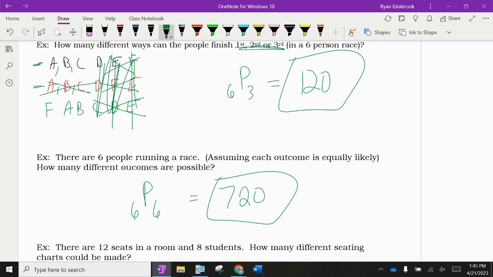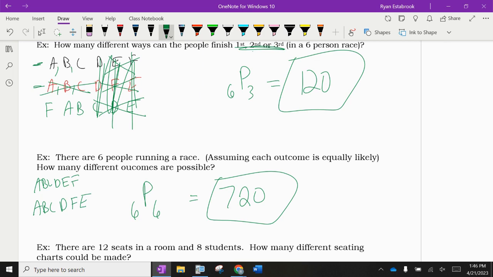So that one wouldn't have even counted, even though the 4th, 5th, and 6th changed. But now for this one, A, B, C, D, E, F is different than A, B, C, D, F, E because I care about 5th and 6th place. Before I didn't care about slow Frankie. Now I'm saying slow Frankie matters. 5th is different than 6th because we care about all 6 of those places.